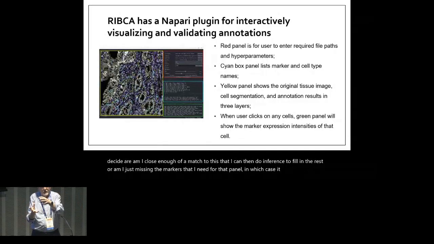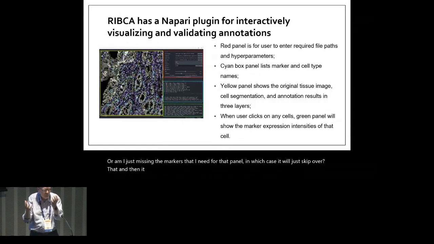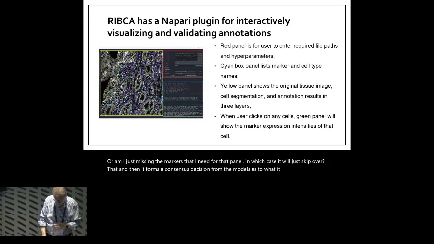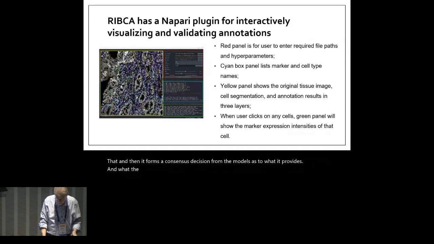And then it forms a consensus decision from the models as to what it provides. The plugin will also allow you to annotate the results if you want to try to get an estimate of the accuracy or whatever.